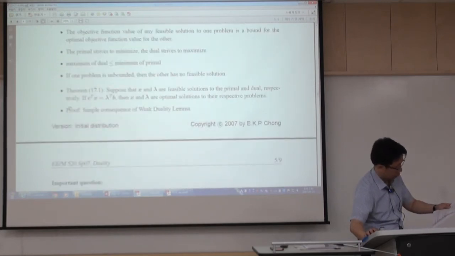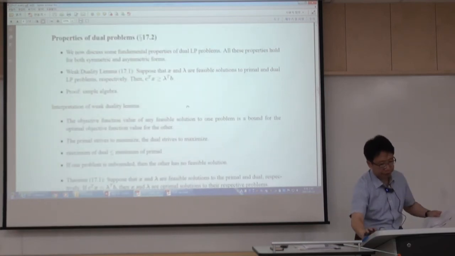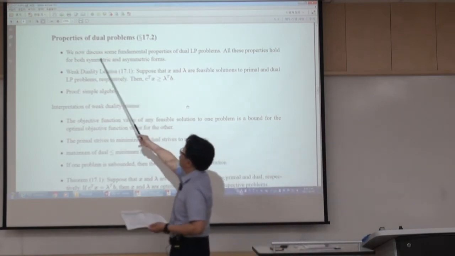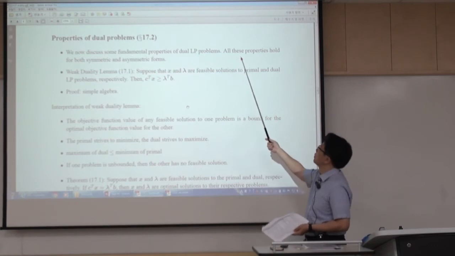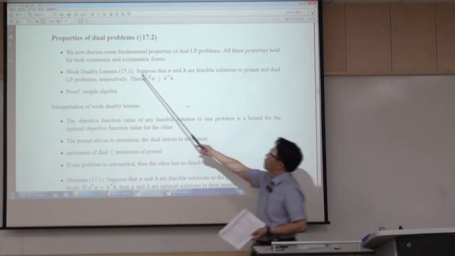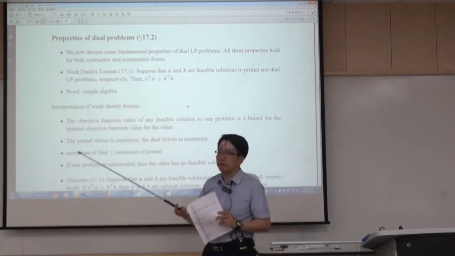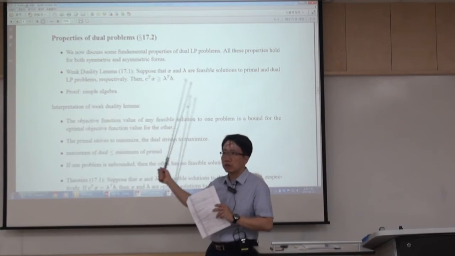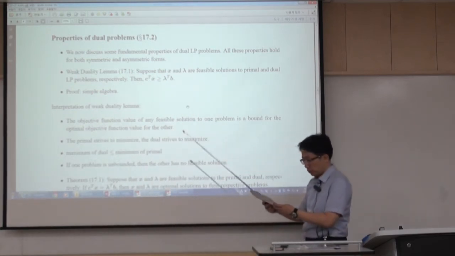So here the authors say that we discuss some fundamental properties of duality problems in both symmetric and asymmetric forms. Sometimes the results are a little bit different. That's why I asked you to work both for symmetric and asymmetric form.